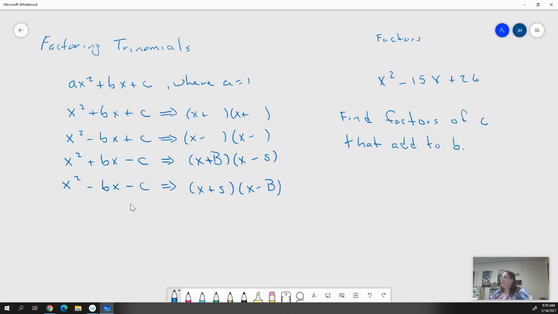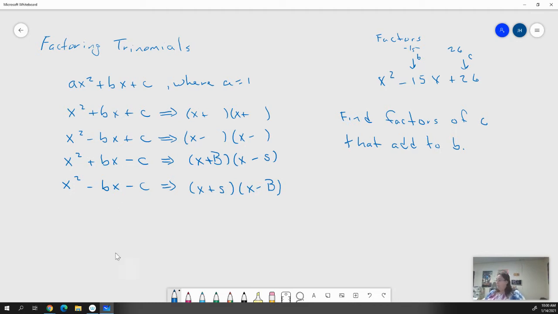My a is 1, which is why I have no number there. My b is negative 15, and my c is 26. So I'm going to find all the factors of 26 that add up to 15.